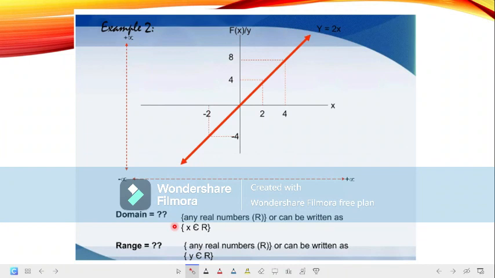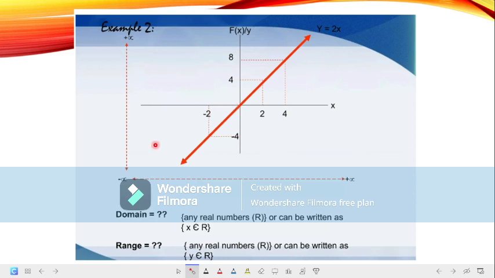Okay, now let's proceed to examples in which we can find the domain and range, or we are going to express it in an interval or set builder notation.